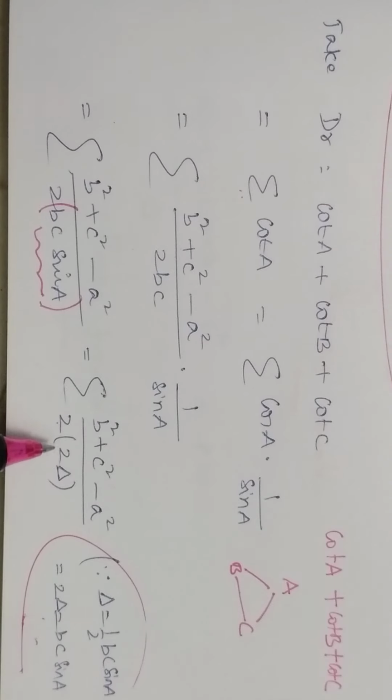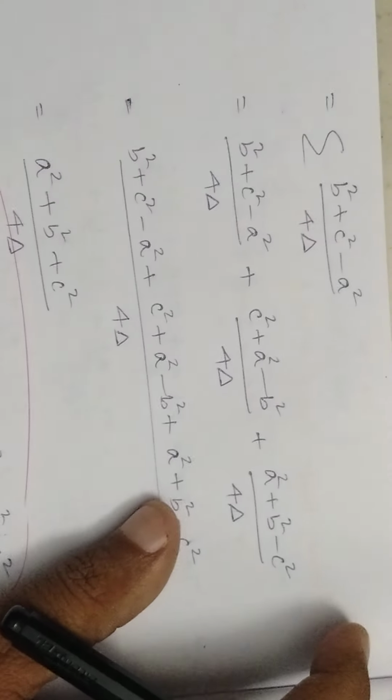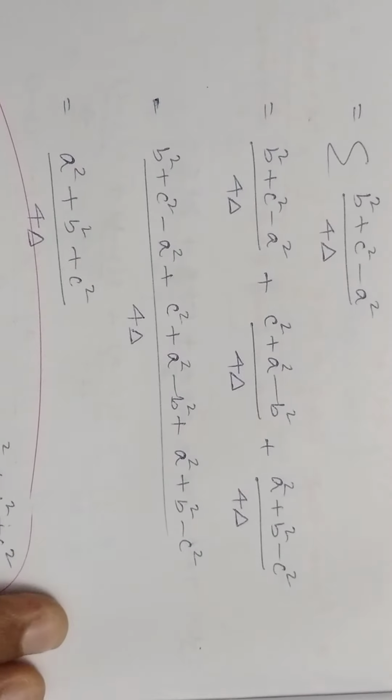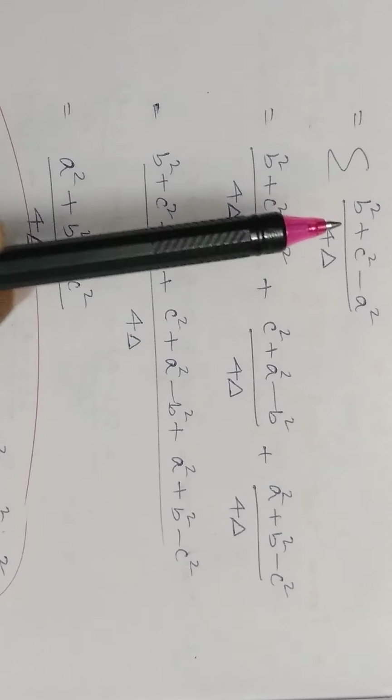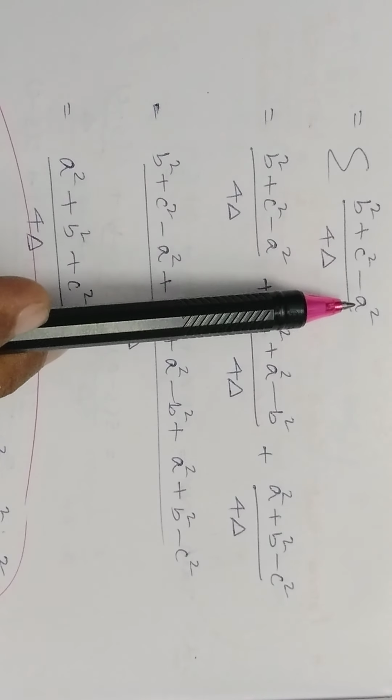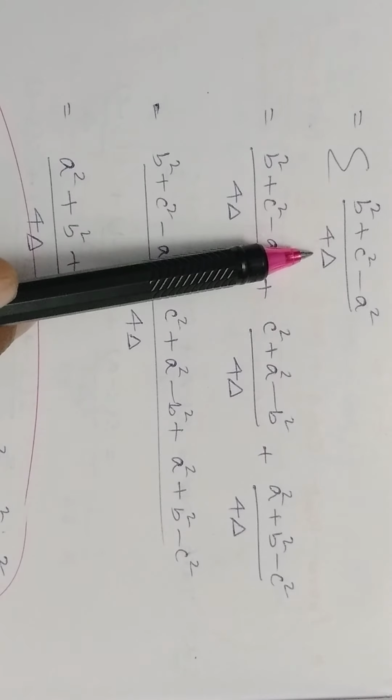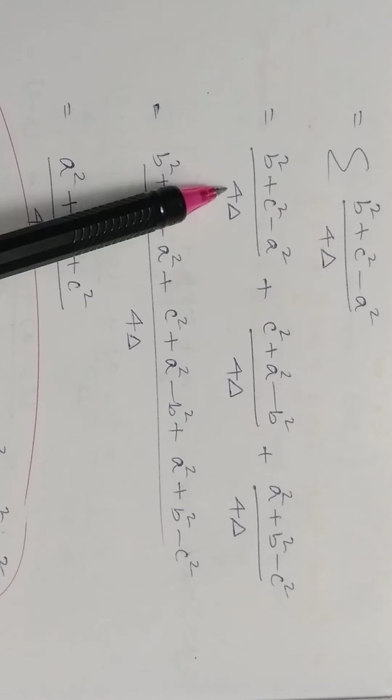So it becomes sigma (B square plus C square minus A square) by 4 delta. Right.